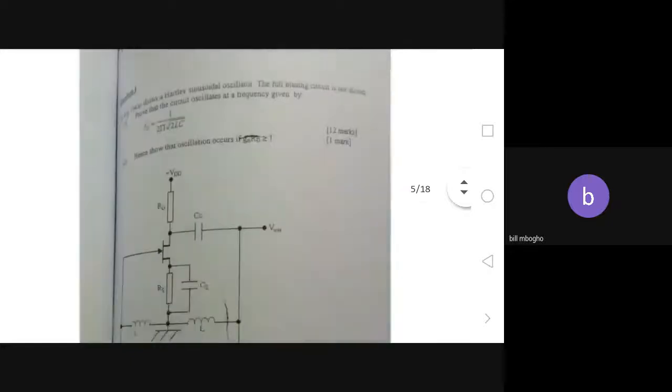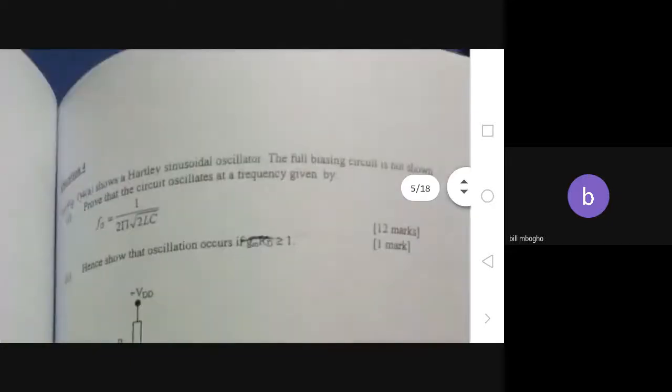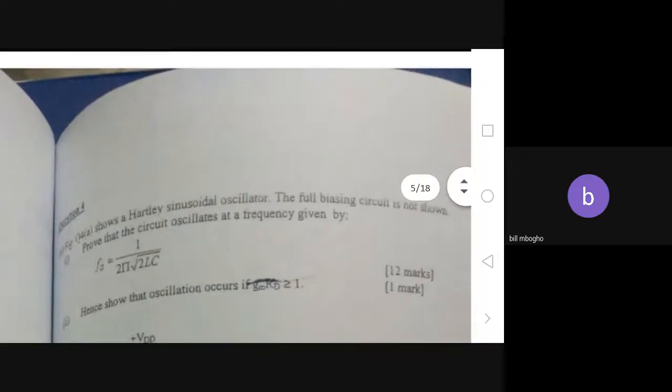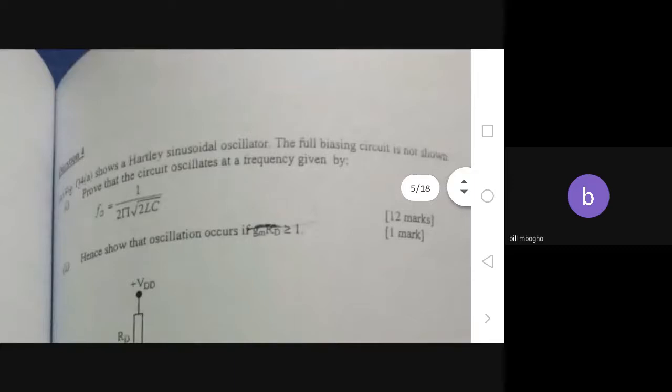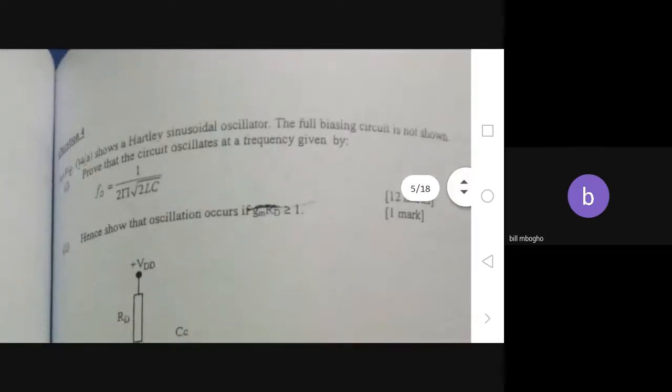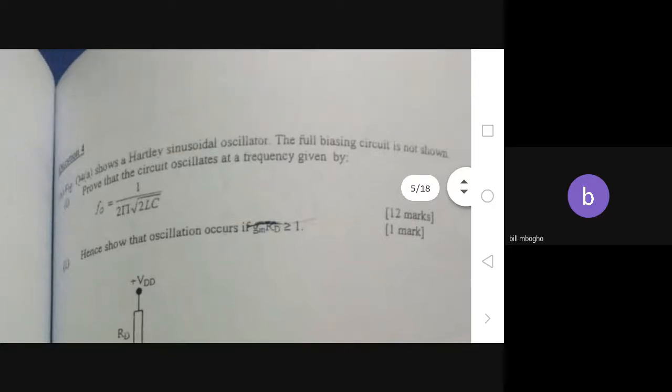the next question I had was this one. The first part says, the diagram shows a Hartley sinusoidal oscillator. The full biasing circuit is not shown. Prove that the circuit oscillates at the frequency given by that. That's the same as what we had before.